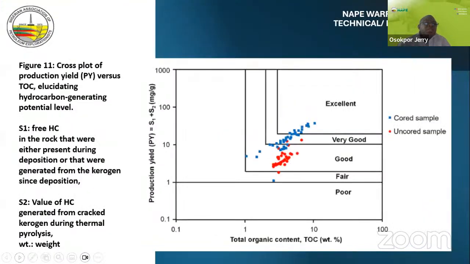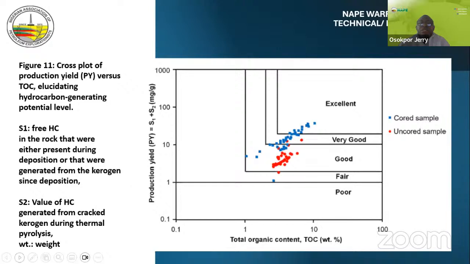In order to look at the production yield of this well, we have to look at the further potential of this material. We want to look at the production yield versus the total organic content of the well. Now, this will help us to put paid to the generating potential of the samples. If we look at it, you see that for the uncut section, the samples are mainly good, showing that they have great potential, good yield.